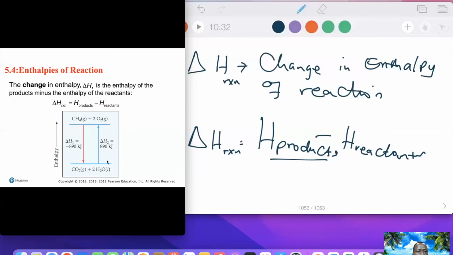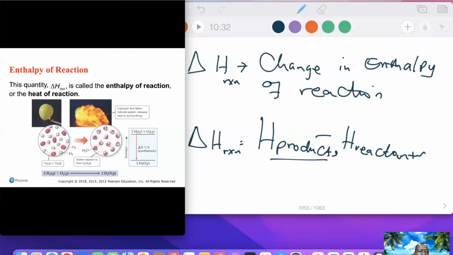But if we are combining these to give this, it's positive. It's just an illustration of enthalpies for reaction. We reverse the equation, the sign will change later on. This quantity is called the enthalpy of reaction or heat of reaction.